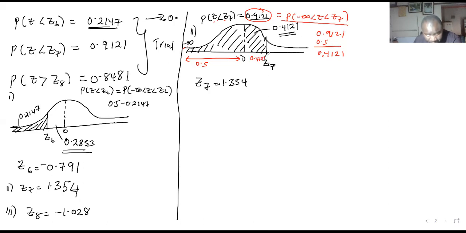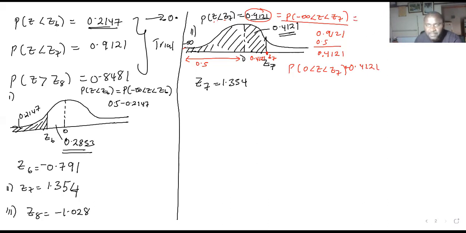Aisha, do you agree? Yes. Now, this 0.4121 stops here where Z7 is. It means you have read the probability from 0 less than Z less than Z7 as 0.4121.